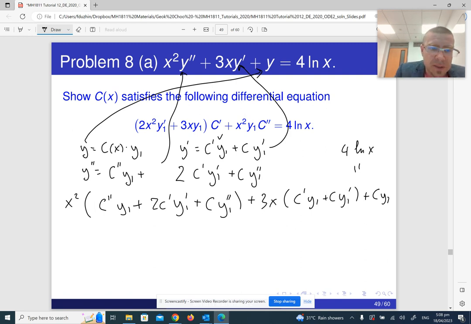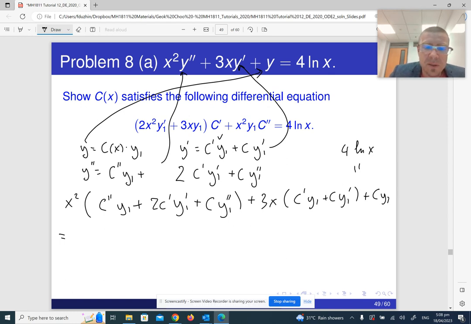All right, so let me recombine them together. I'm going to combine all the terms with c double prime together, all the terms with c prime together, and everything with just c together.